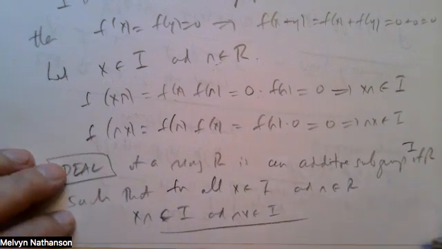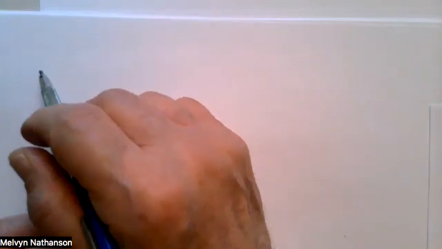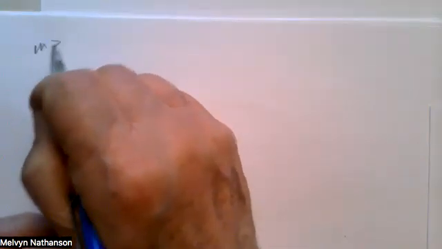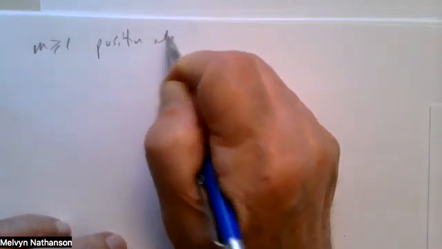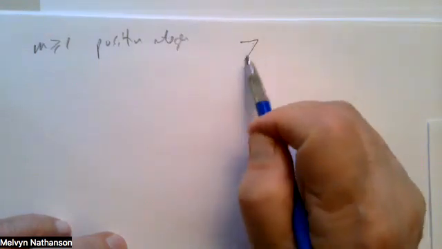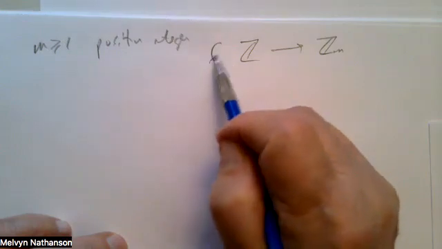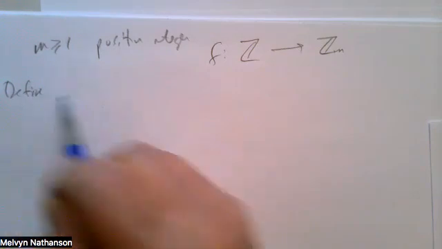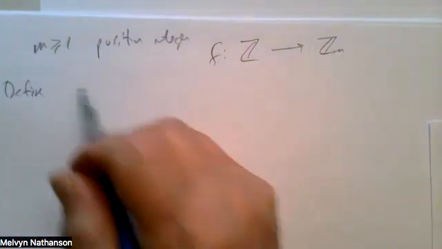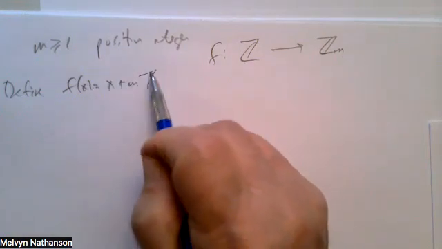Let's look at an example. So suppose we have m, some positive integer. So we have the integers, and we have the congruence classes mod m. And I can define a function f from Z to the congruence classes mod m by f of x is the congruence class x plus mZ.